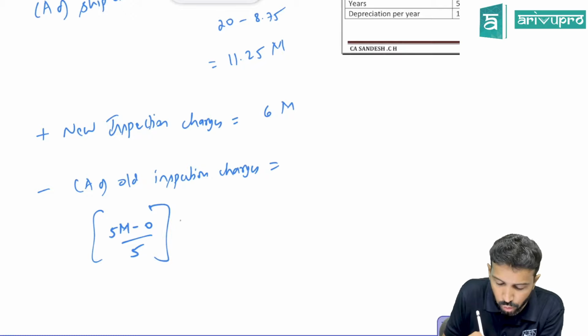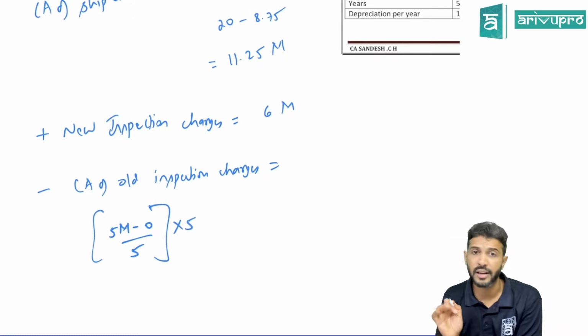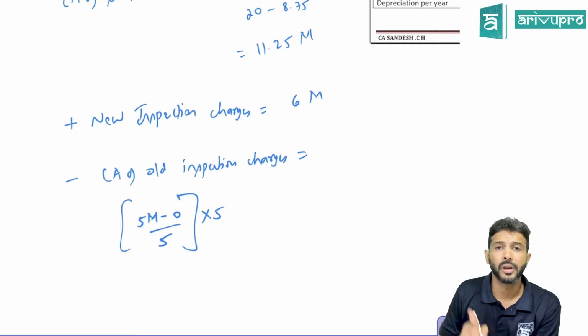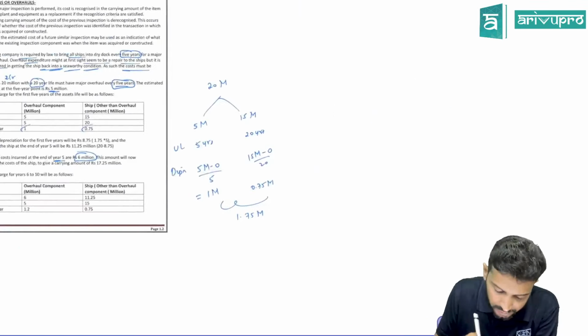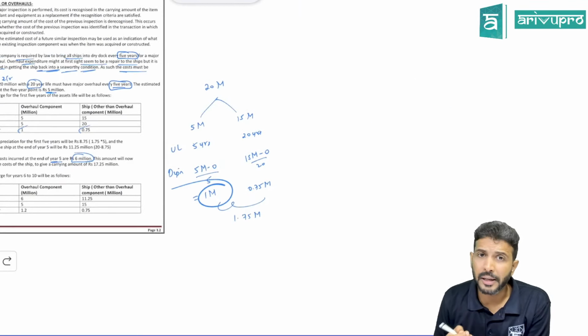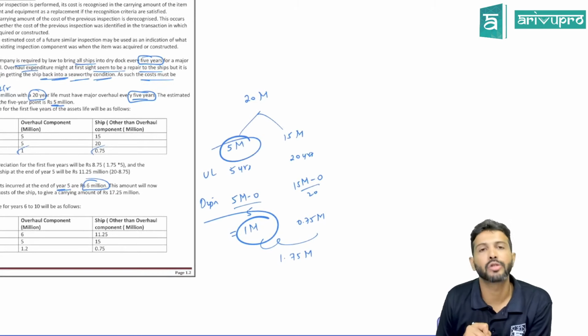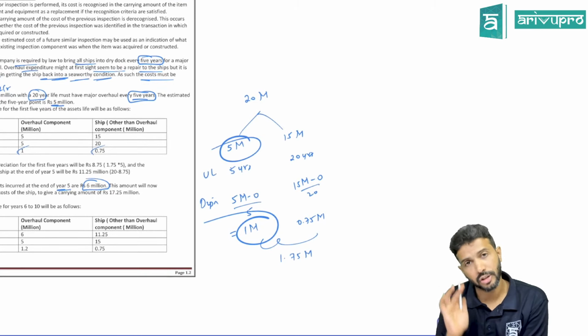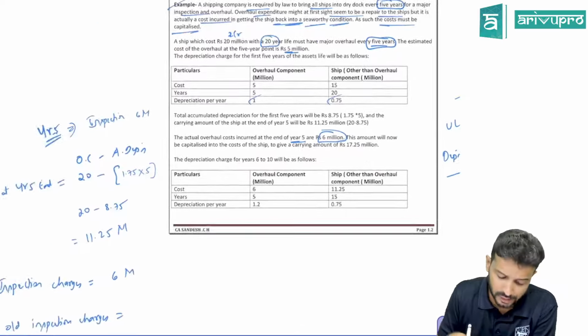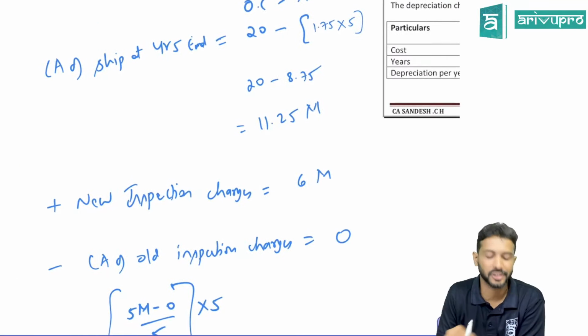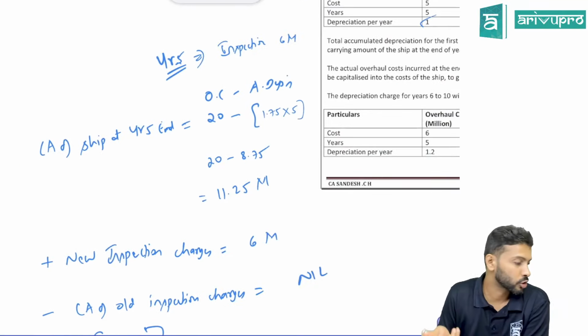How many years are already over? 5 years. That means what is the total depreciation? 1 million is a depreciation for 1 year. For 5 years, it will be 5 million. Old inspection charges was also 5 million. It has got depreciated also to the extent of 5 million. So what is the carrying amount of the old inspection charges remaining? Nil.